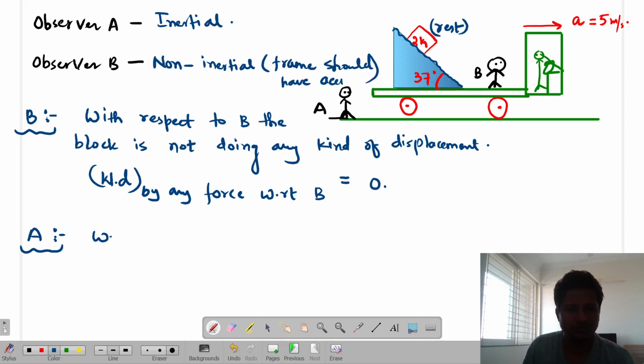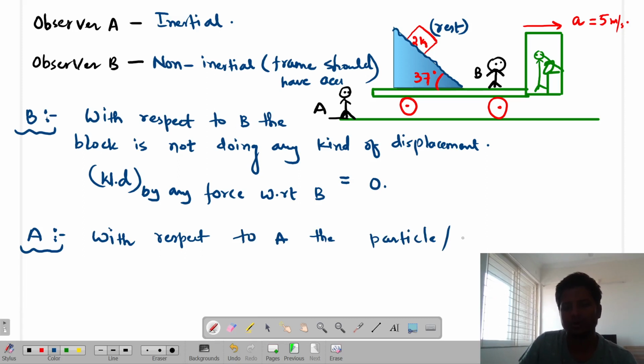So with respect to A, what is happening? The particle, or block, is displaced, isn't it?